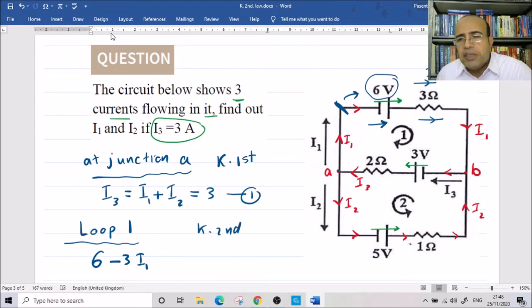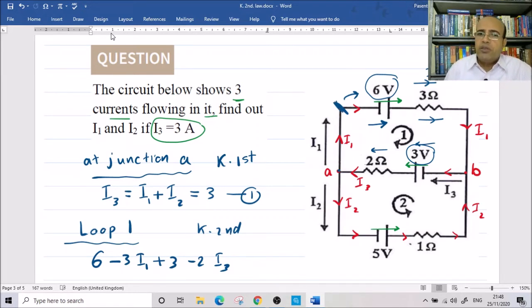Now we end at B and go to this path. This is the direction of the loop. It is the same as the direction of charge carrier, so 3 volt is positive, so plus 3. And now the current is I3 and this is the direction of the loop, so we lose energy, so it's negative 2 I3. Then we reach the same point.